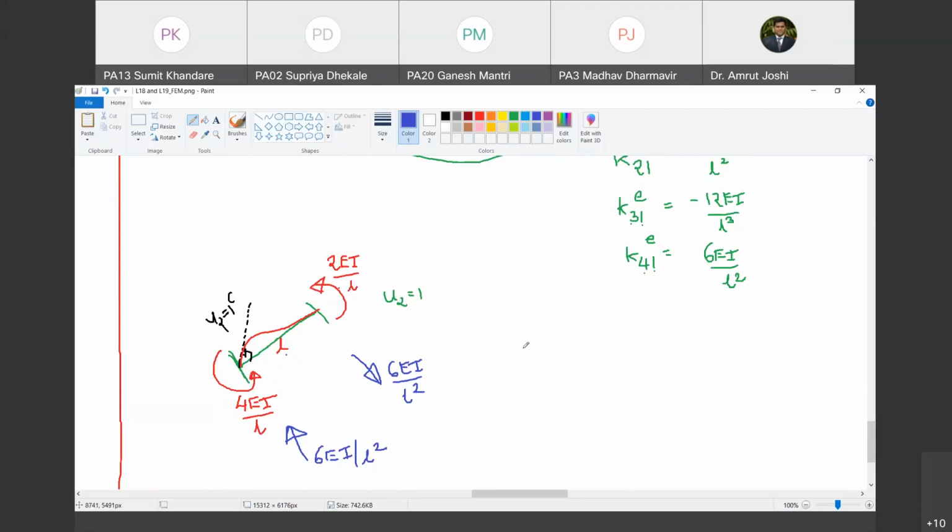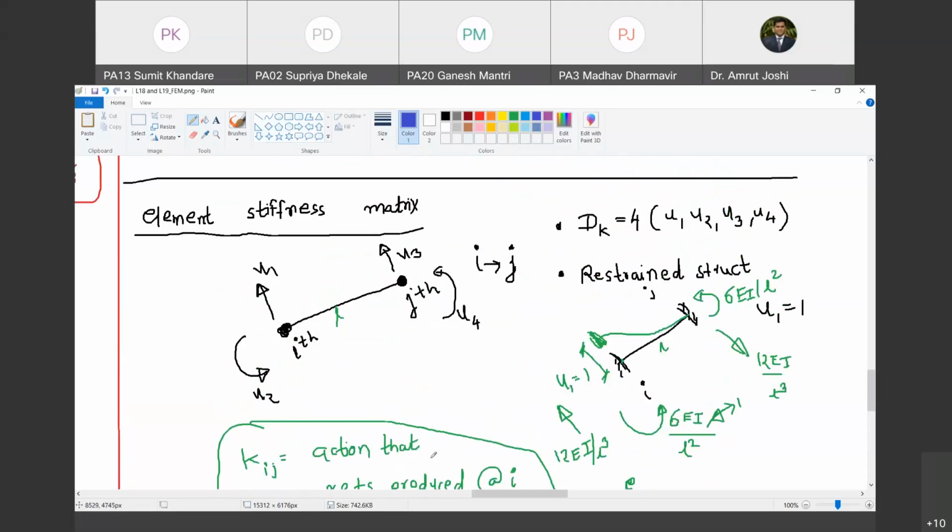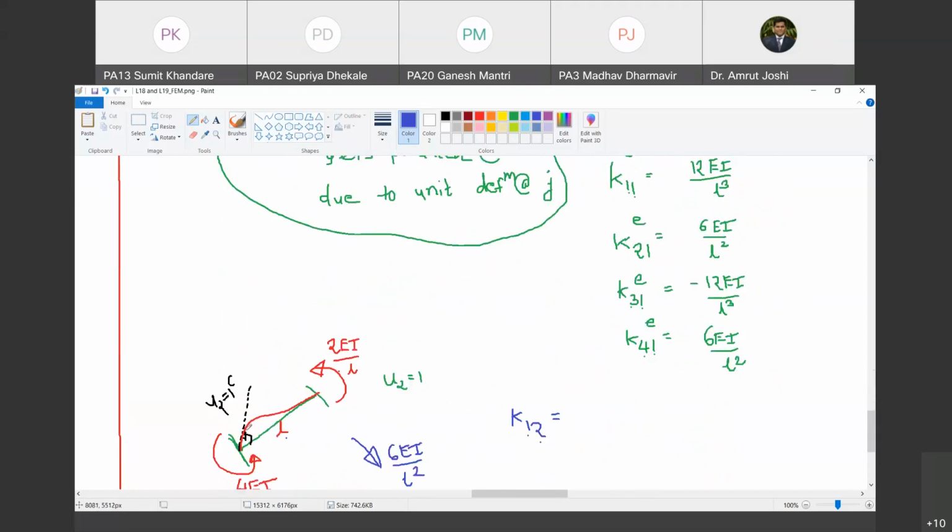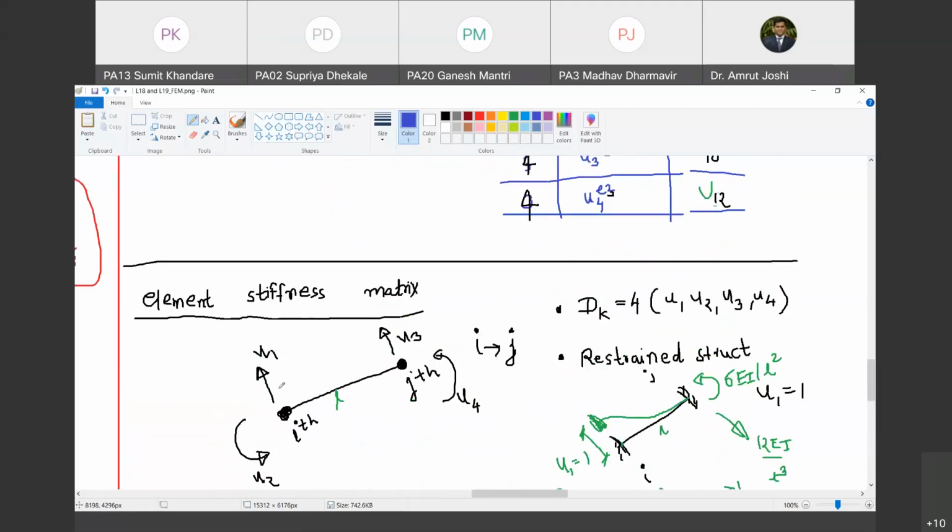Yes, sir. Okay. Now I'm going to write down stiffness coefficient. The first thing that I write is K12. What is K12? It is the action that gets produced at 1 due to unit deformation at 2. Are you with me? Yes, sir. What is U2? U2 1 देने के वजह से 1 के यहाँ पे. But what is 1? 1 is translation.